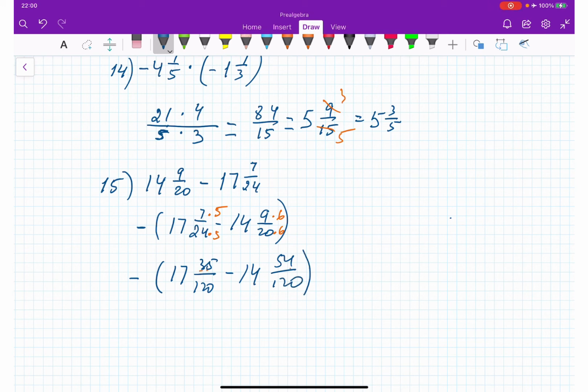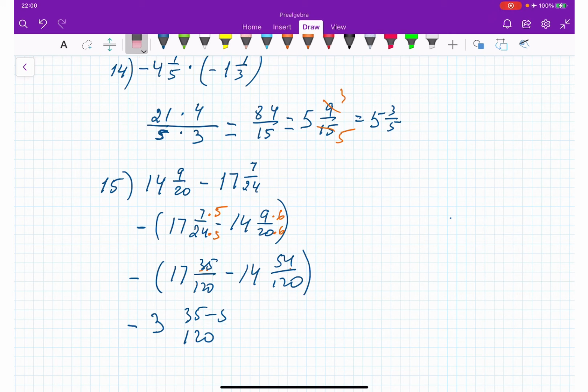So what do we get? 17 minus 14, it's going to be 3, right? And we have here 120 and 35 minus 54. Okay, we can't subtract like that because we have 35 minus 54.